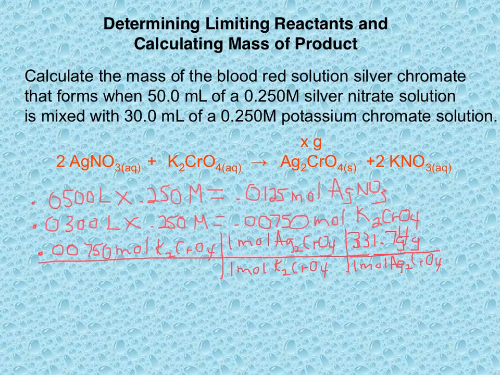And so, checking our labels, moles of potassium chromate cancel, moles of silver chromate cancel. We're left with the grams. And for this one, we get 2.49 grams of the silver chromate.